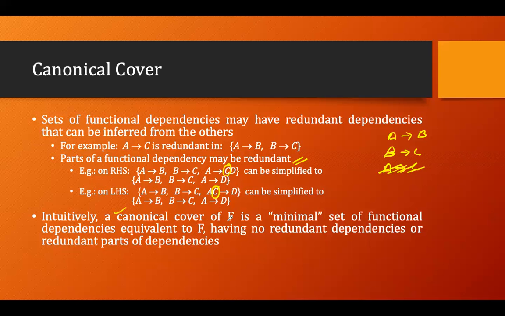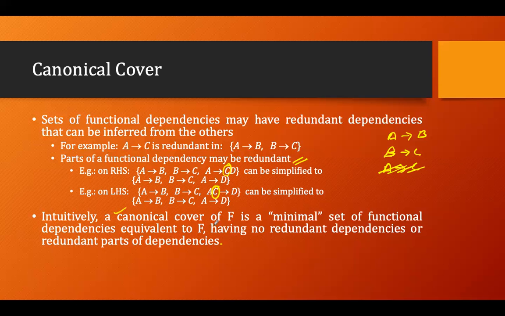The canonical cover of any functional dependency set F is a minimal set of functional dependencies equivalent to F, or equivalent to the set of functional dependencies having no redundant dependency or redundant part of the dependency. This is the meaning of canonical cover.